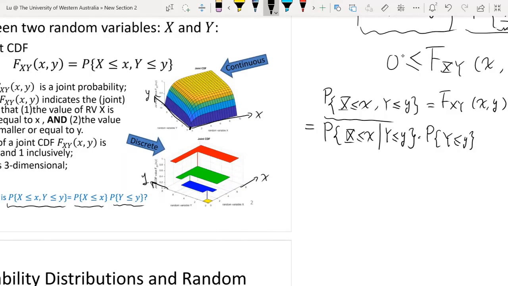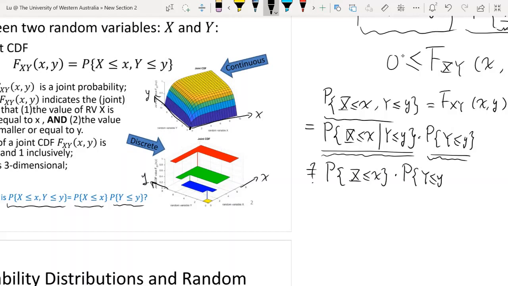This product is conducted between a conditional probability and the probability of the condition. The question is asking, is this equal to the probability of X ≤ x multiplied by the probability of Y ≤ y?